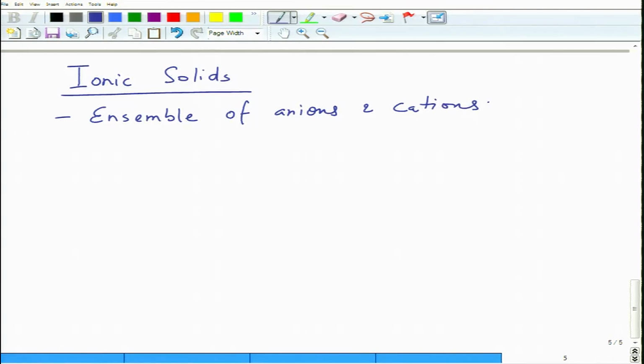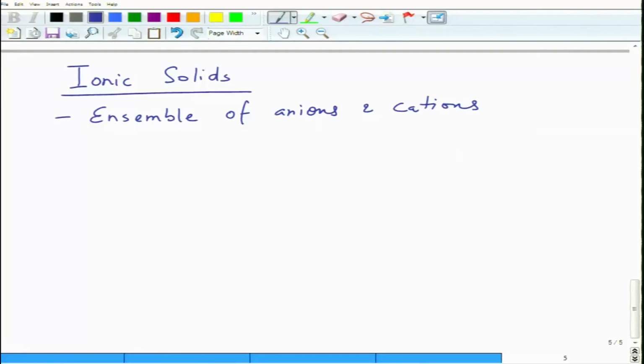So as a result, electrostatics, or electrical neutrality and balance of forces, requires you to follow certain guidelines, and there are some obvious things like you cannot put two cations together because there will be substantial repulsion. You cannot put two anions together similarly because there will be substantial repulsion. So there are certain guidelines which must be followed to build these structures. What are these guidelines? We call them rules or guidelines, and they are called Pauling's rules.